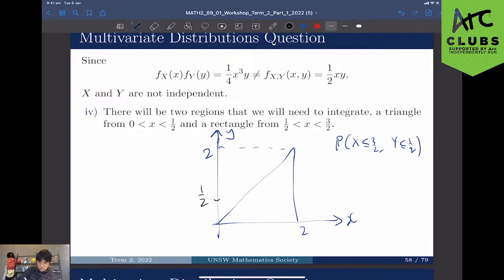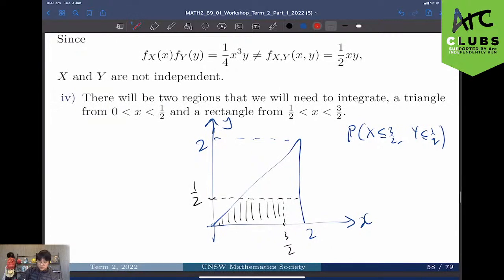Half is around here. So y is less than or equal to half, and x is less than or equal to 3 on 2. So this is the region we're interested in. And remember, we're not interested in this region because that's not part of the domain of the joint density function. So that's going to be 0 anyways.